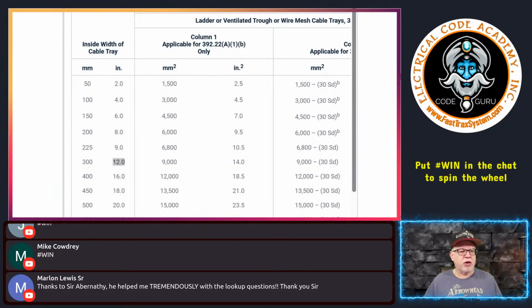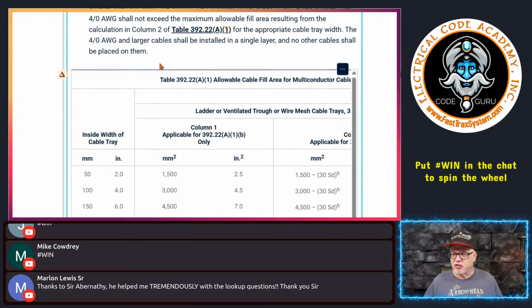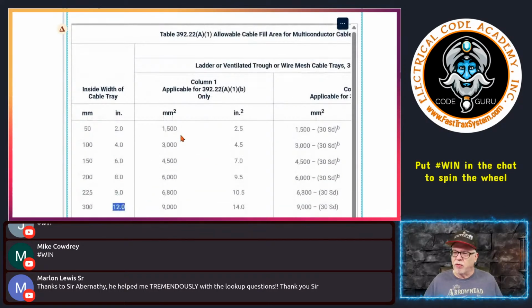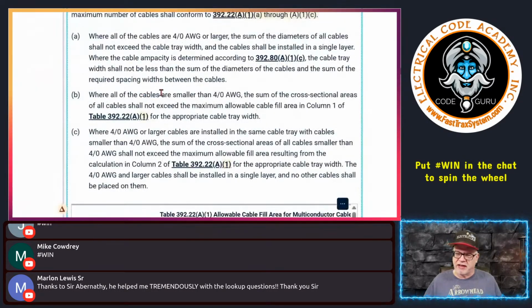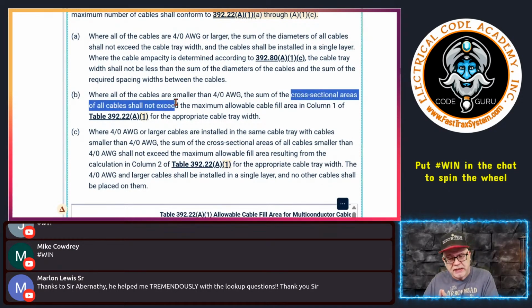Okay. So it's not overly complicated, but it's one of those things that you do have to think about. And so when you read the code here, all it's saying is, if they're smaller than 4/0, then you've got to come up with the cross-sectional area. Well, the manufacturer will give you the diameters, probably not the cross-sectional area, but it's easy to do the calculation.